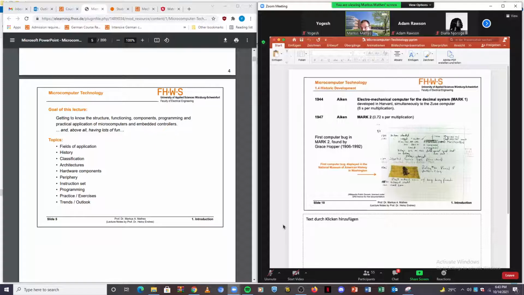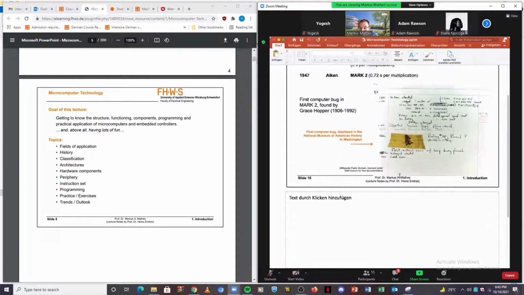Here is a picture of the first computer bug that was found by Grace Hopper, born 1906, died 1992. It's hard to read, but you can see the mnemonic code or the assembly code to execute a calculation.